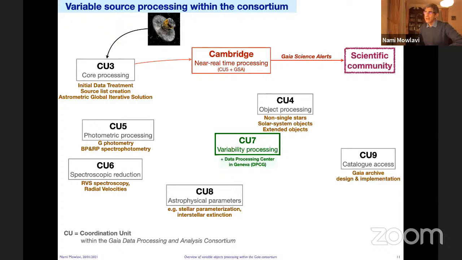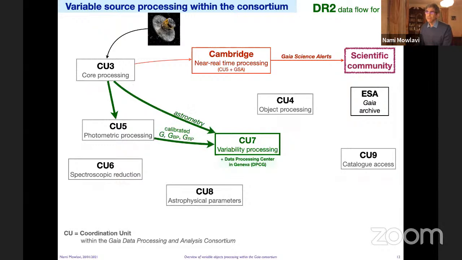You have CU9, which arranges all the necessary implementations and design for the Gaia archive, which would then lead to the Gaia archive at ESA that the scientific community is accessing, that each of you is accessing. So let's now go a little more in the detail of CU7 variability, and there are many interactions between each of these CUs, one and another, and all together.